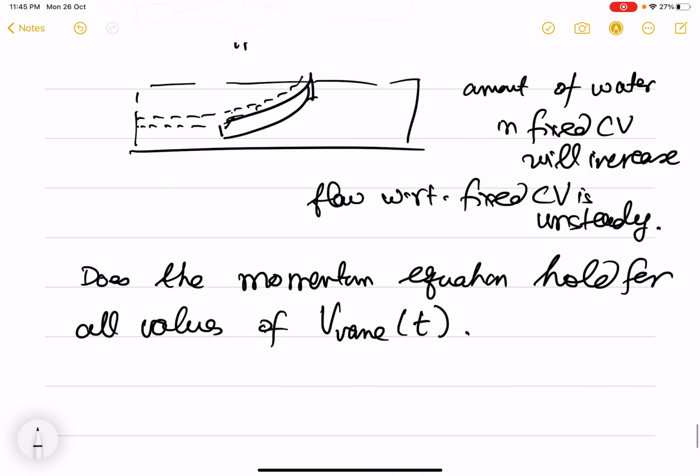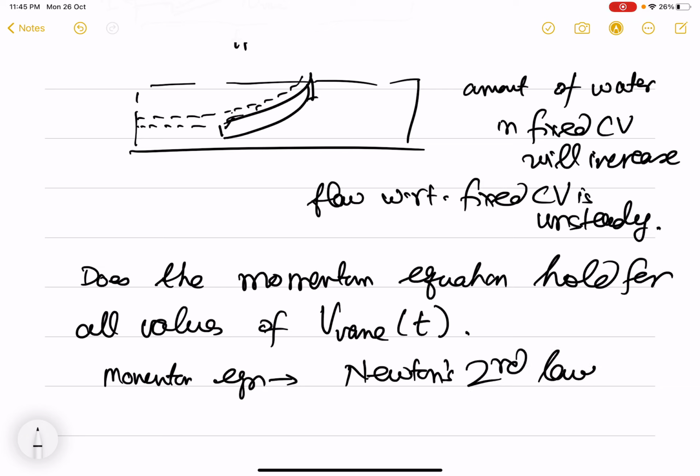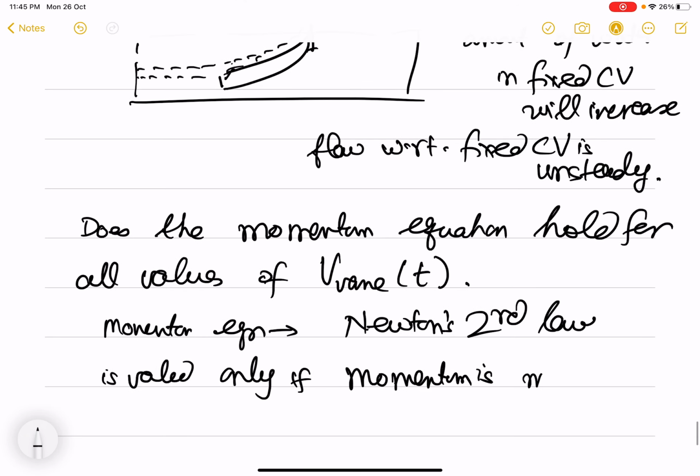Now we realize in the momentum equation we have used Newton's second law. And Newton's second law is valid only if momentum is measured with respect to an inertial frame of reference.